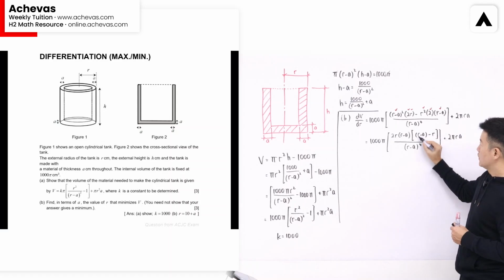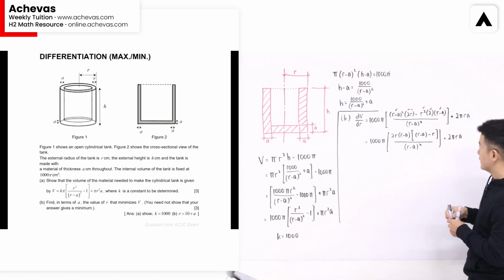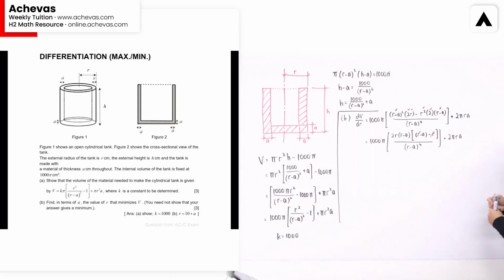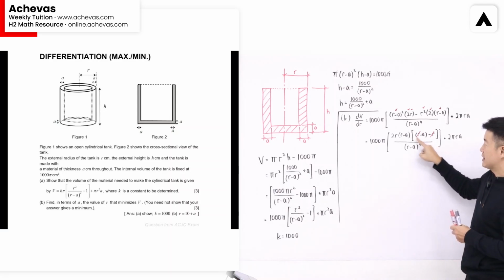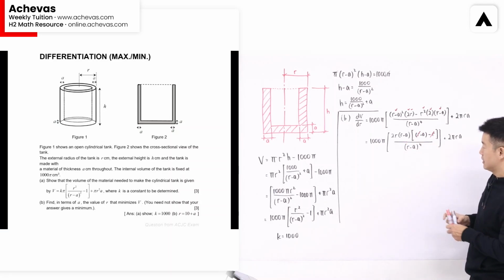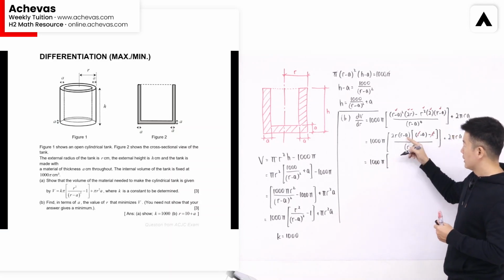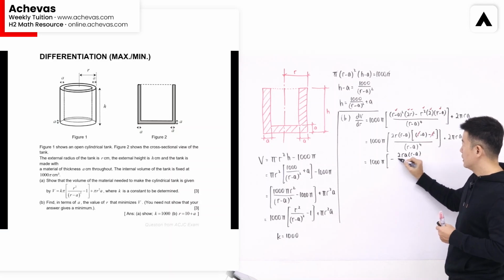r a. So r and r will be cancelled. Let me cancel that here so it's easier for us to trace through the working. So it's going to be minus a multiplied by this. So what we will have is 1000 pi, and here is going to be a minus 2r a, then (r minus a), then divided by (r minus a) to the power of 4.